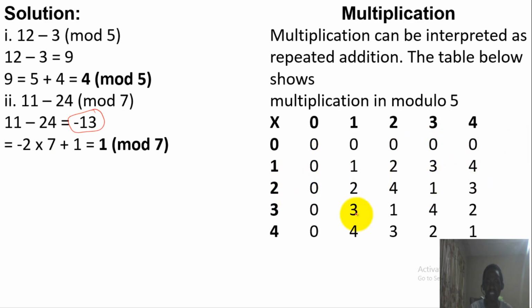In that particular order, you have this. Therefore, multiplication is more or less very simple when it comes to modulus arithmetic.